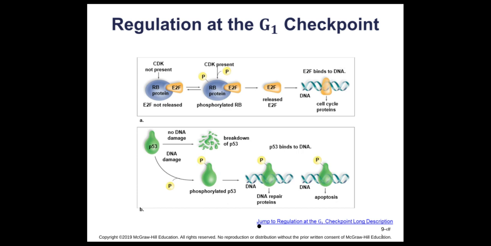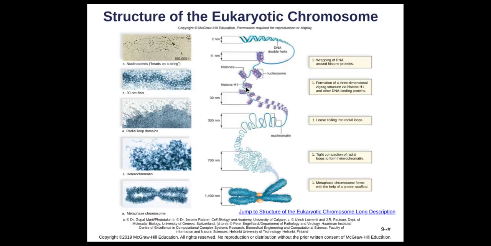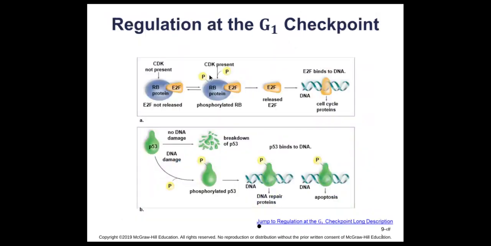So you will see in our top picture here, we have a kinase protein, an enzyme. If it's not present, then we have this factor that's connected here, and we can stop everything from happening.